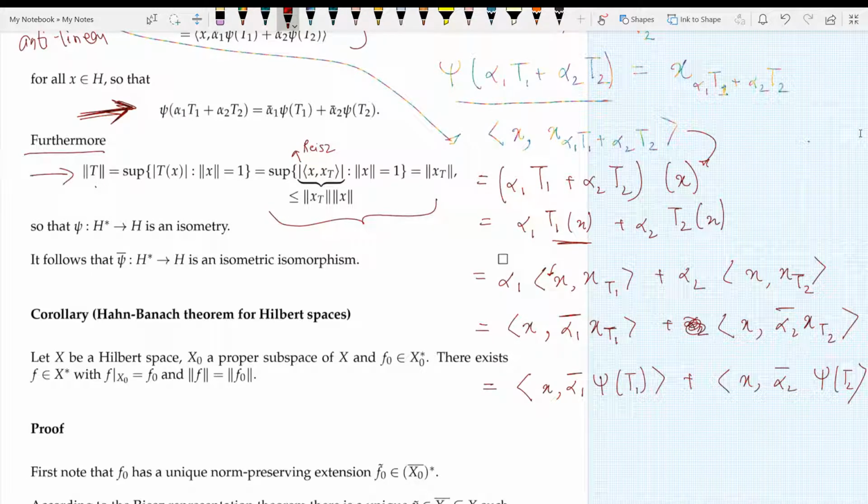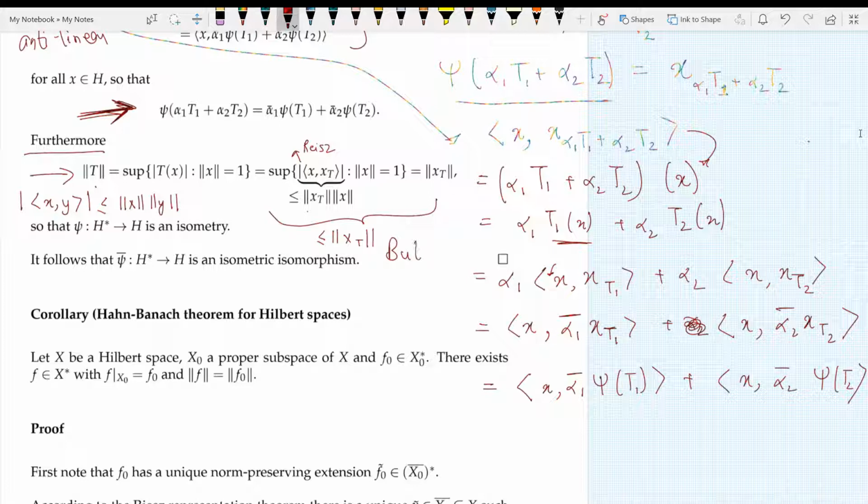So I know from the Cauchy-Schwarz inequality that if I have this inner product, the modulus of inner product of x and y is less than or equal to modulus of x times modulus of y. So the same argument follows here, that the modulus of the inner product of x and xt has to be less than norm of x times norm of xt. But since norm of x is equal to 1, therefore this thing is less than or equal to norm of xt.